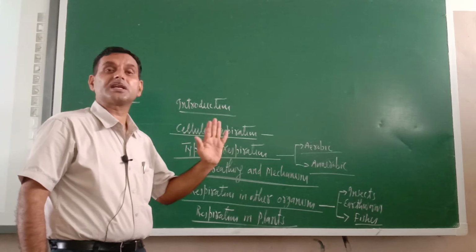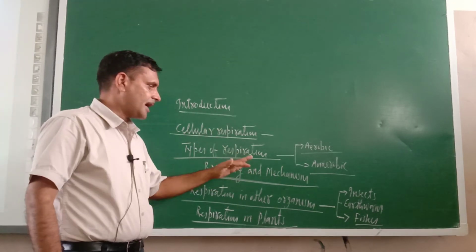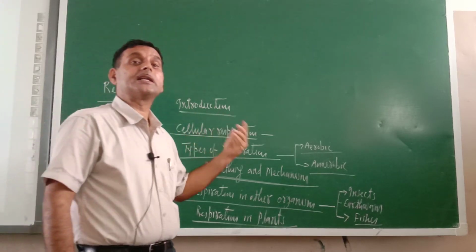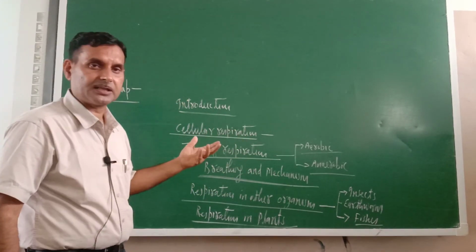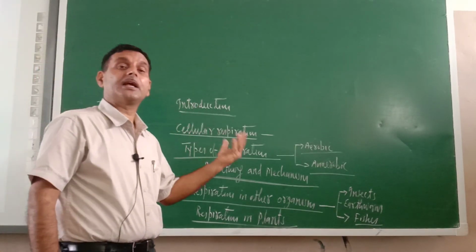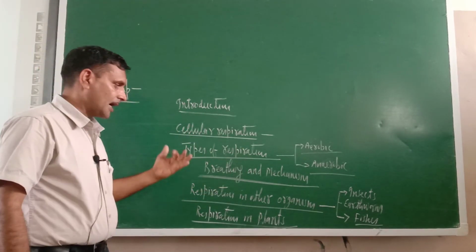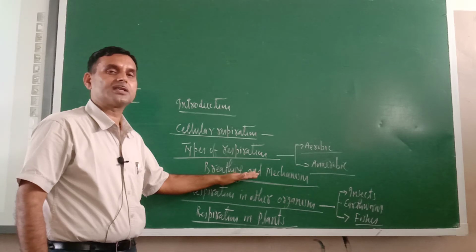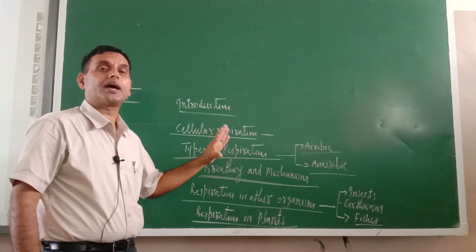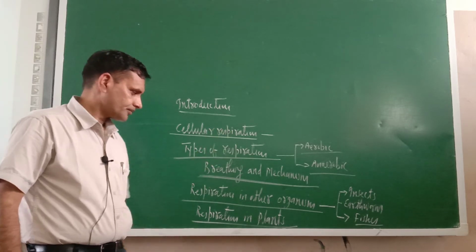Without breathing, respiration cannot take place. And their mechanism, what are the organs involved in the breathing mechanism, everything I taught with the help of activities and animated videos. I hope that you understood, and this is most important. Even diagrams I taught you, and those diagrams should be made.